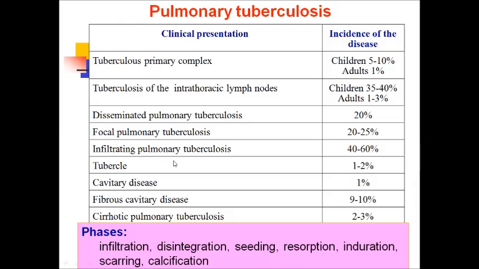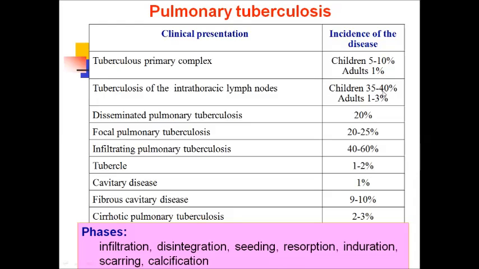In adults, it's infiltrating forms of tuberculosis, and in childhood, predominantly lesions of intrathoracic lymph nodes.